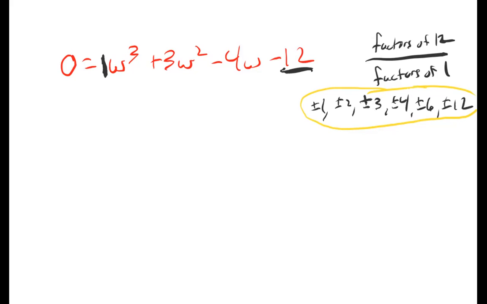Now, rather than synthetically dividing this polynomial by all of those numbers, I want you to graph that red polynomial for me and see if any of those possible rational zeros are actually rational zeros. Why don't you do that for me, please? Yes, you're going to have to graph on Desmos.